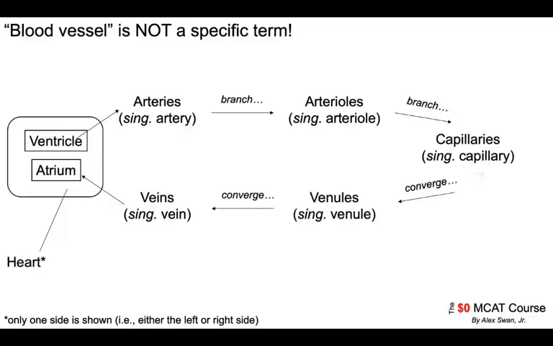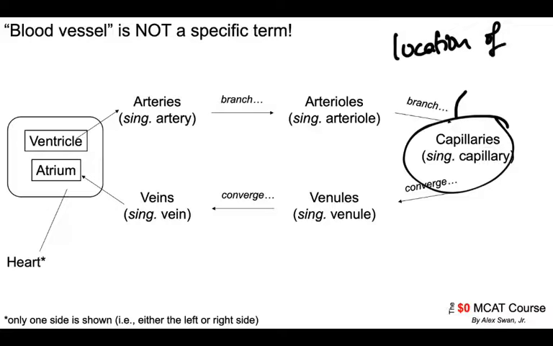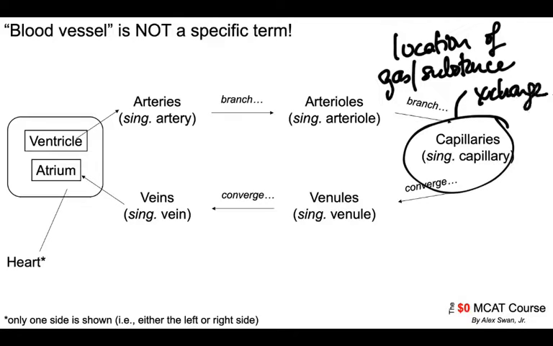Remember, these capillaries, like I mentioned before, are the location of gas and substance exchange. Then the blood is going to go from these capillaries to venules, to veins, and then it's going to return to the heart at the atrium chamber. That's one of the four chambers of the heart.